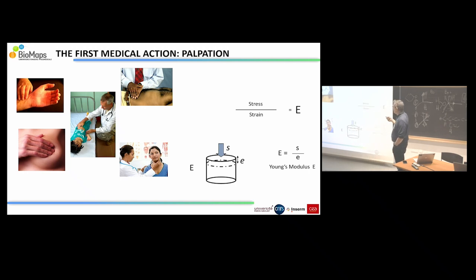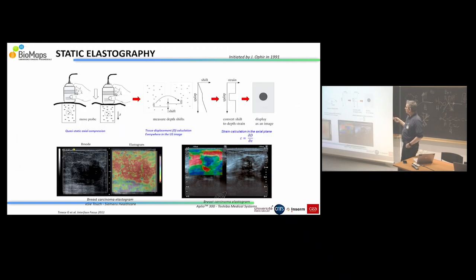You will just deform the material and it will generate a strain. In terms of physics, it has been defined by Young a long time ago, and the stress over the strain defines the Young's modulus, which is the elastic modulus of tissue. So the first idea, initiated by Jonathan Ophir in the 90s, was to try to translate this physical approach in an ultrasound device.